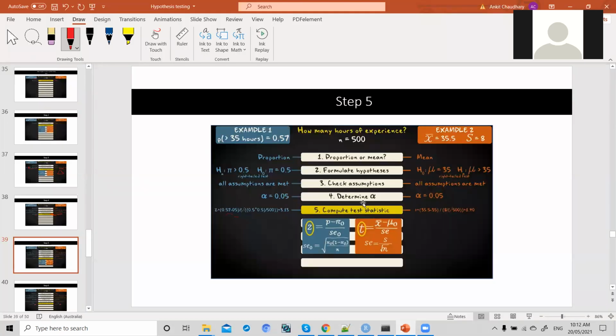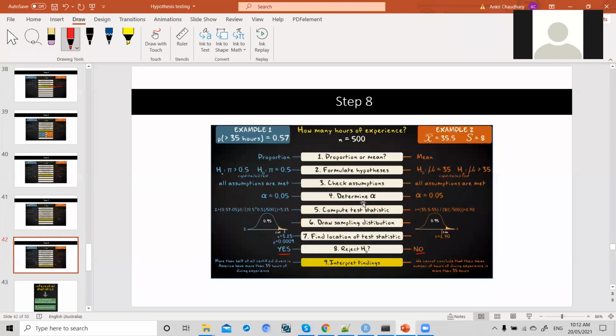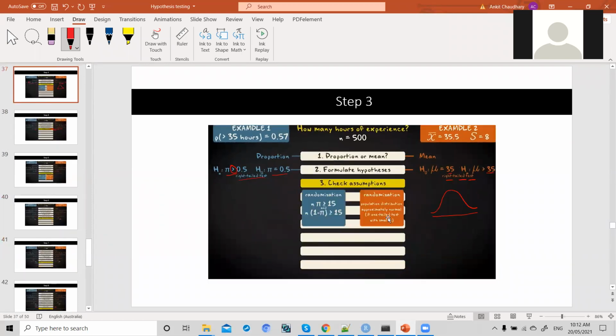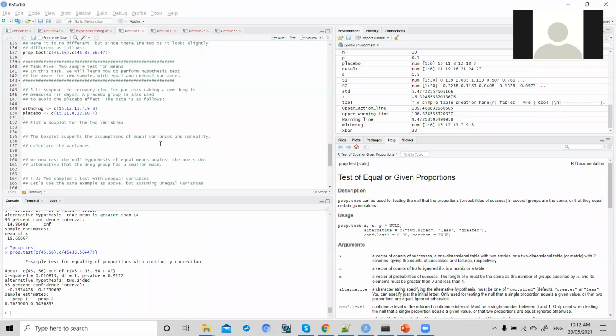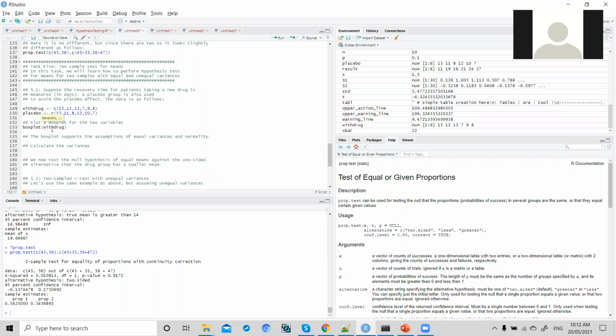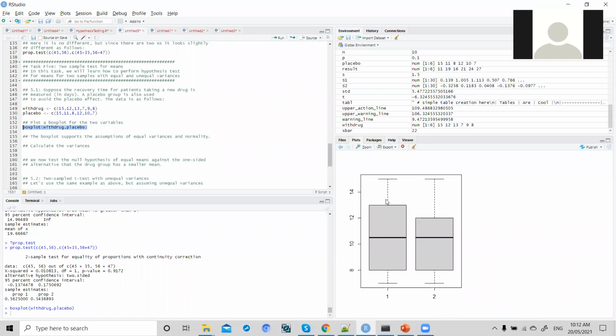Based on these steps, we need to check the assumption too, right? The assumption should follow the normality curve. For this we have a box plot, box plot of withdrawal, comma, residue.